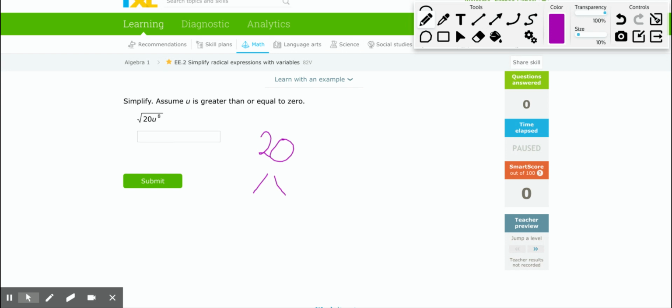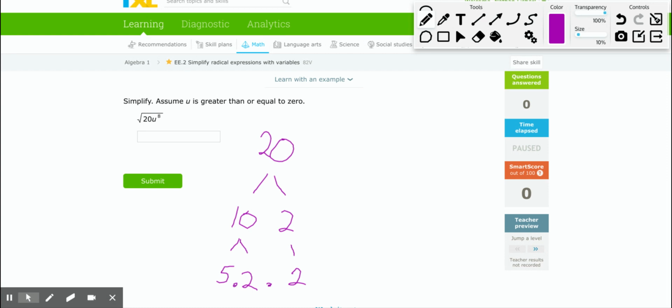So remember that this is all going to be underneath a radical. Let's say we have a 20. We're going to create a factor tree, and we're going to think about what are two numbers besides 1 and 20 that will give us 20. So in my head, I think maybe a 10 and a 2.